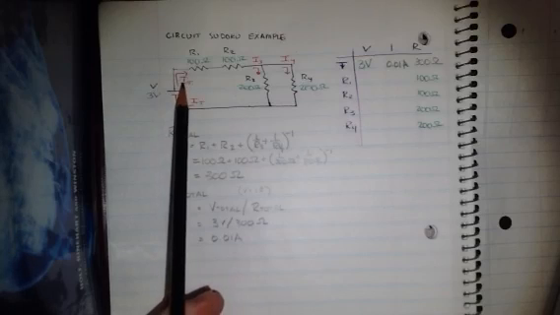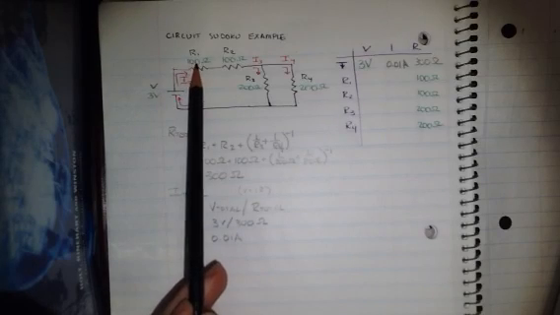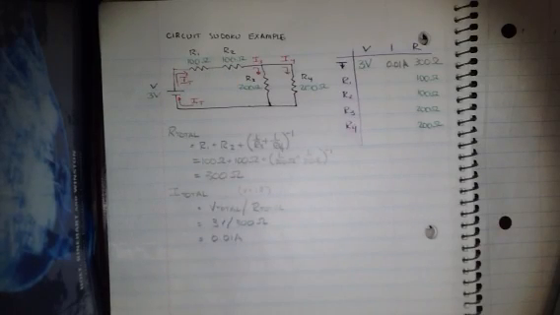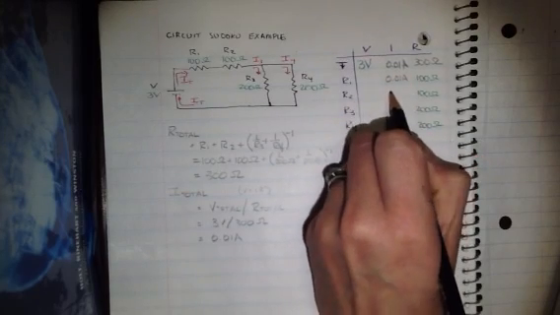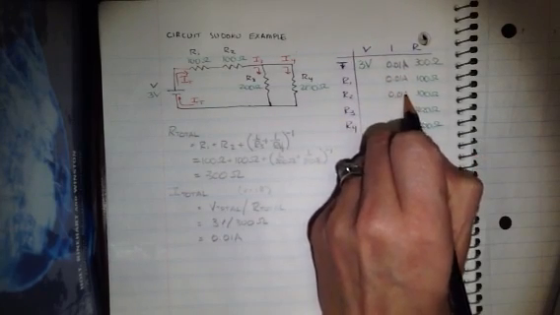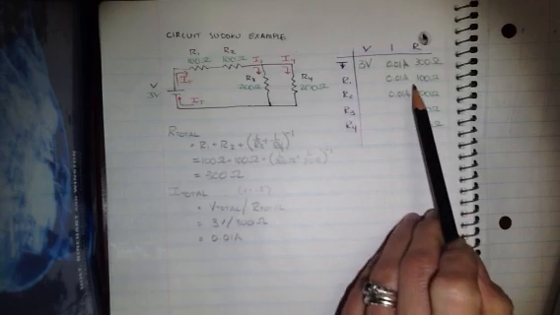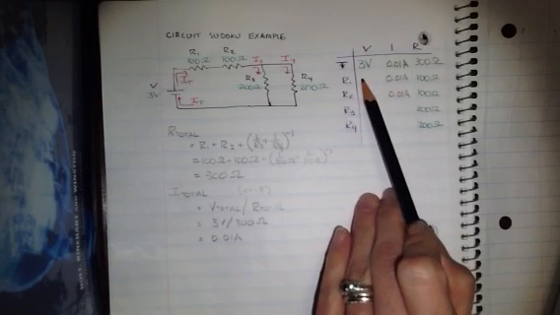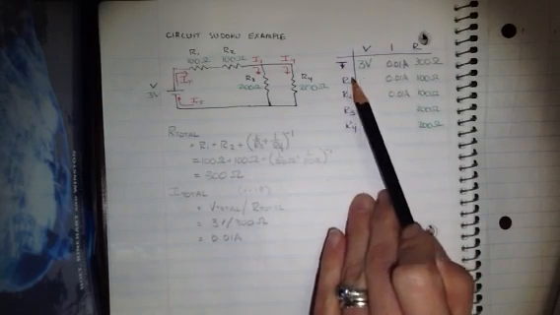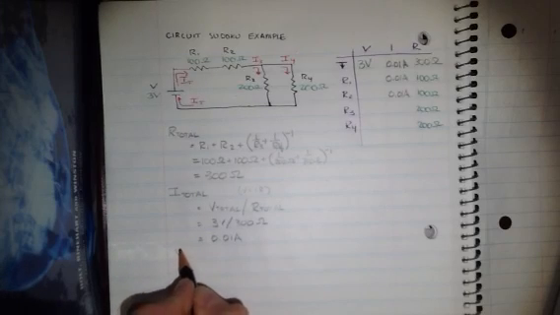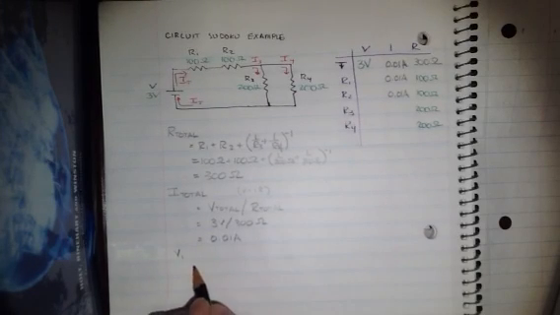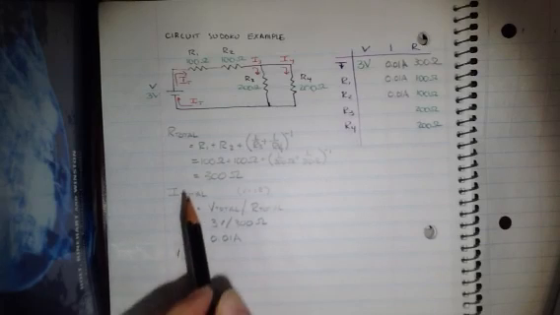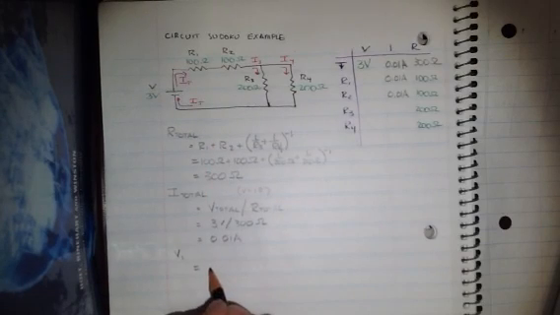Based on my drawing, this total current flows through R1 and R2. So let's work our way this way to find the voltage drop across resistor 1. Remember that V equals IR. So what is the current flowing through R1?